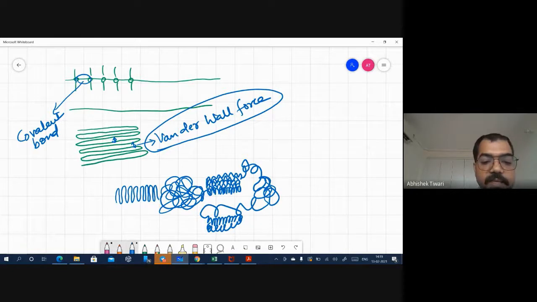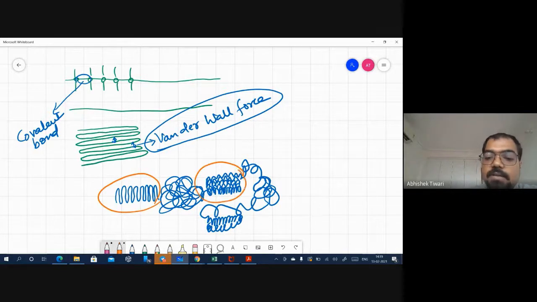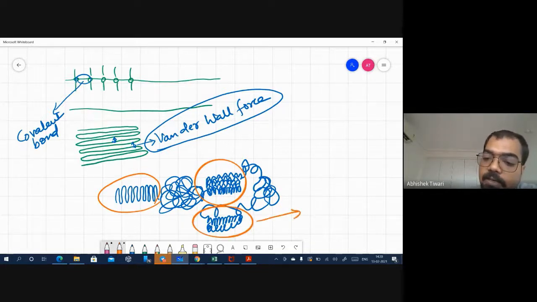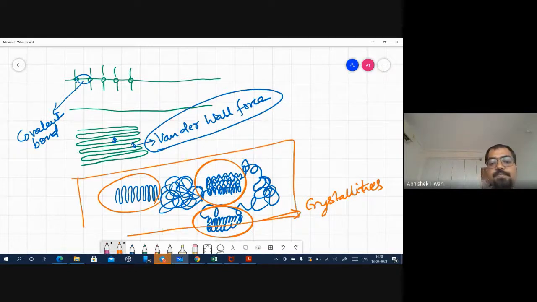Okay, so these structures which are folded, which are in order, are called crystallites. So they are the ordered structure in the whole polymer. The whole polymer is not completely folded, is not completely in order. So this part of the polymer is amorphous.